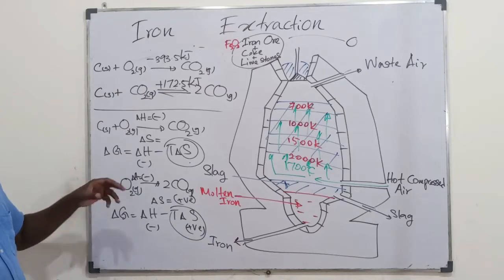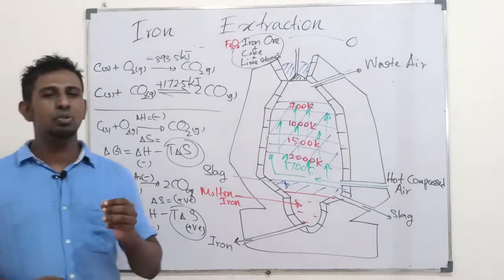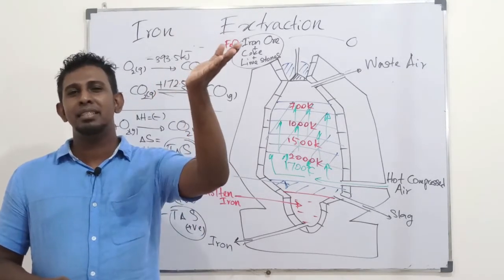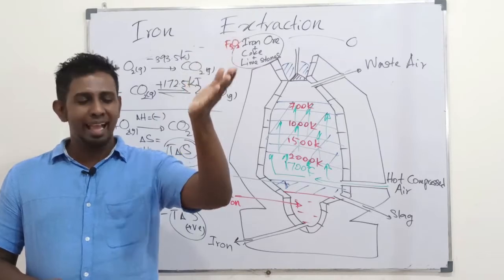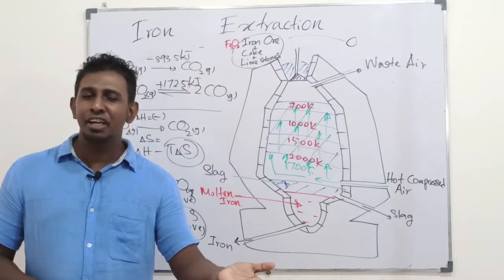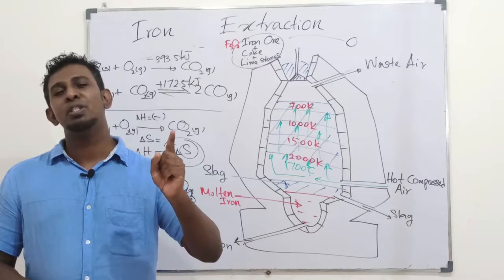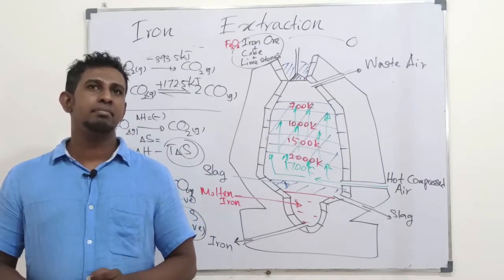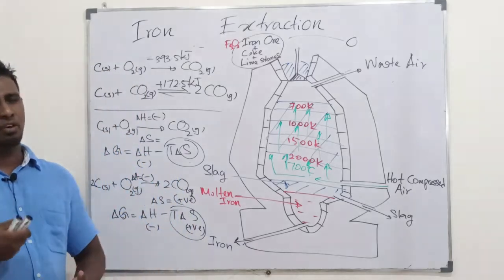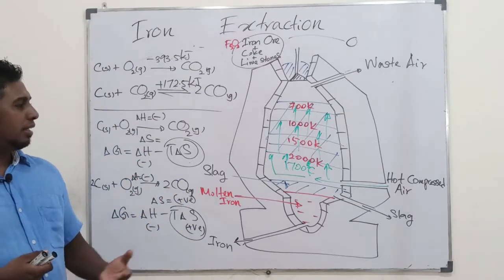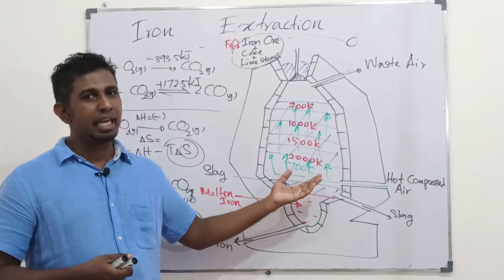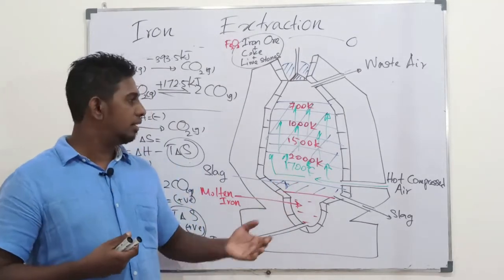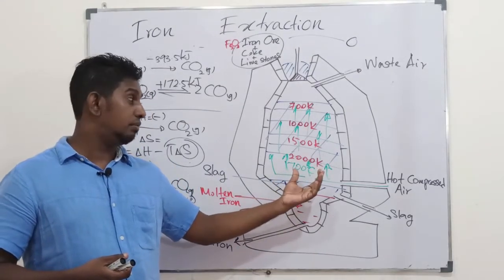So, hope you could understand the point, students: at high temperatures, carbon monoxide would be more stable, and at lower temperatures, carbon dioxide would be more stable. Okay, this is very important. Then at high temperatures, carbon monoxide would be formed from the carbon dioxide here.